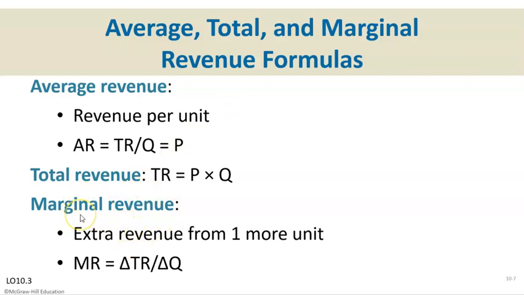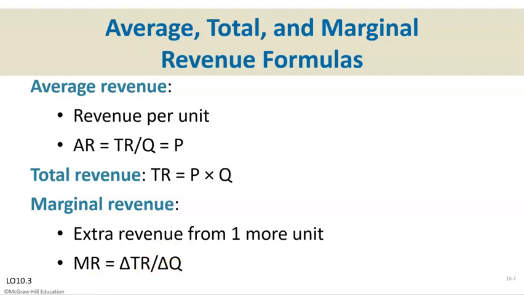So remember, marginal means additional. So it's how much additional revenue does the business receive when they produce and sell one more unit. And here's the formula that you need. Remember, the triangle means change. So marginal revenue is the change in total revenue divided by the change in the quantity.